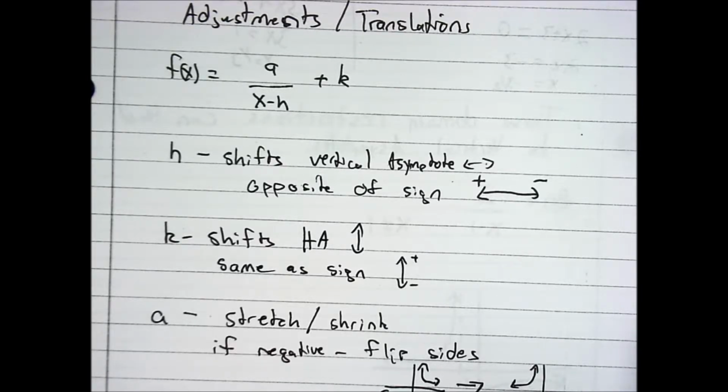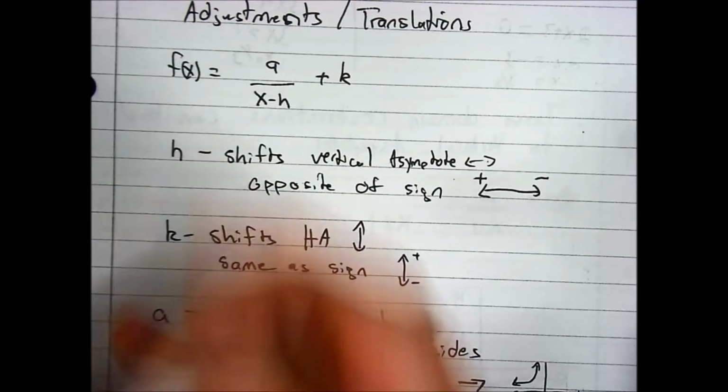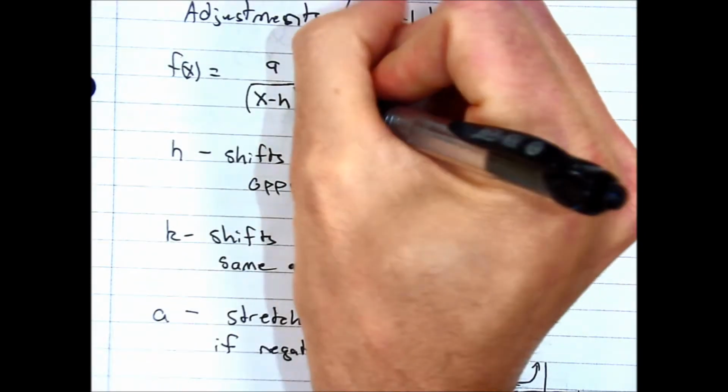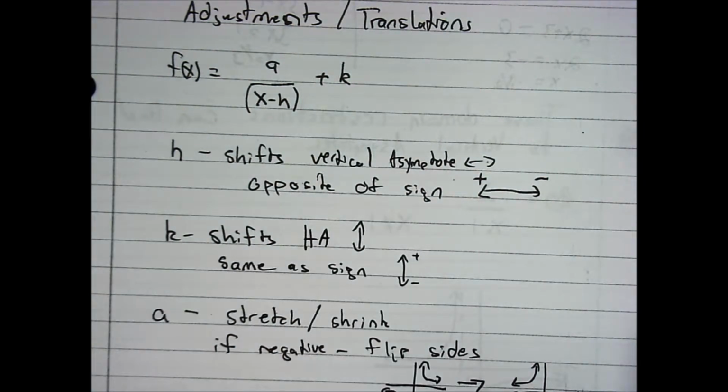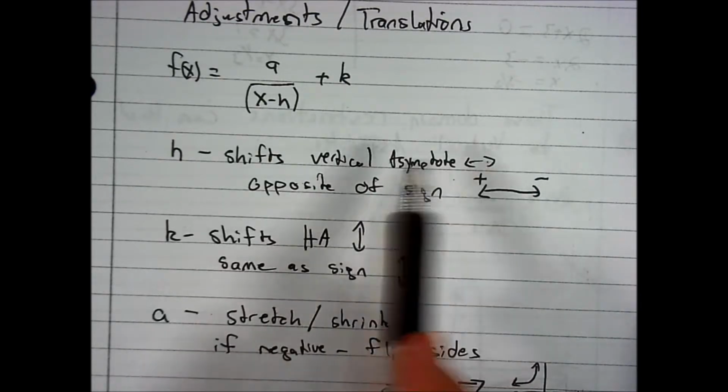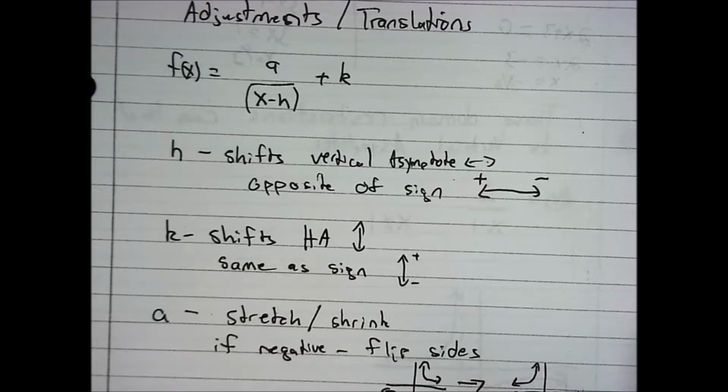X minus h, we'll put parentheses around that, is on the bottom of our fraction. And plus k is on the back side, as it usually is. Okay? So h, it's inside those parentheses there with x. That's going to shift things left and right. And most noticeably, the vertical asymptote is going to get moved left and right.